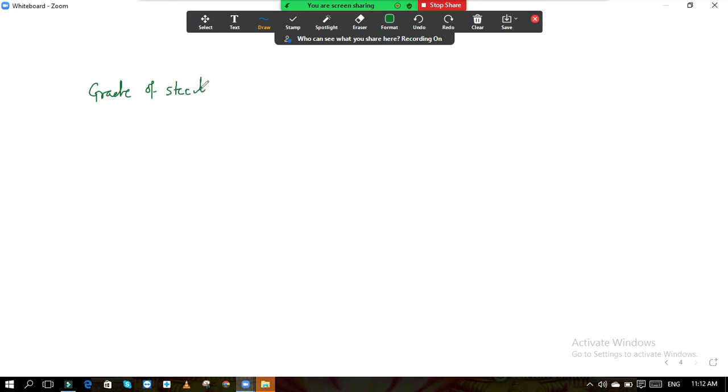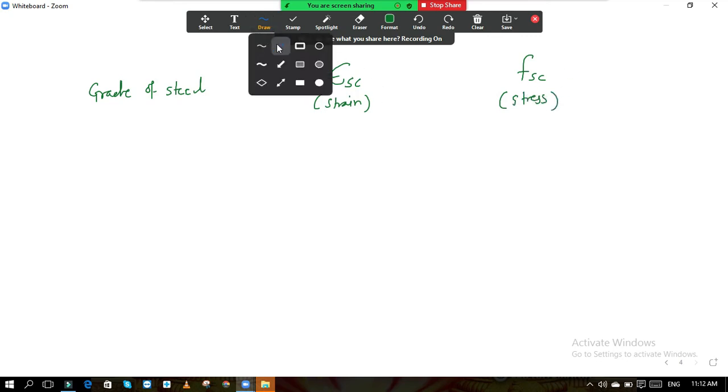This is our first column. Then here it is epsilon SC, strain in steel in compression zone. You know the meaning of epsilon SC, so I will directly write epsilon SC. And here FSC. Shortly, this is the strain, and this is the corresponding value of stress. For that strain, what is the value? So here we will generate the table.